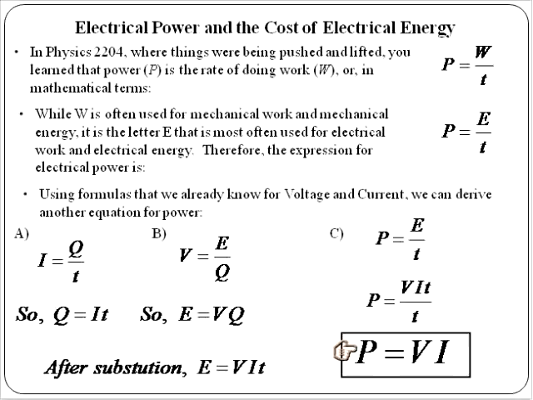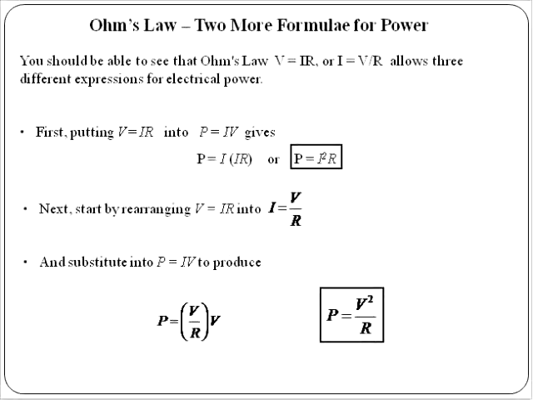Or if we know resistance and voltage? Well, we could use Ohm's law to find the third one and then use this formula, or we could do this. We could put V equals IR into this equation. In other words, replace the V with IR, and we get I times IR, or I squared R.